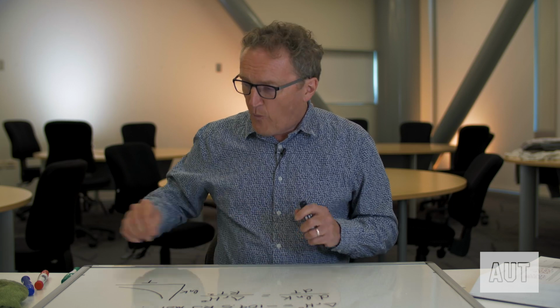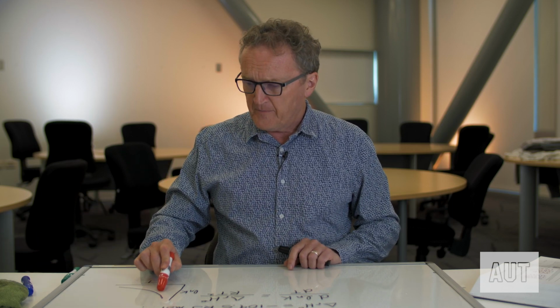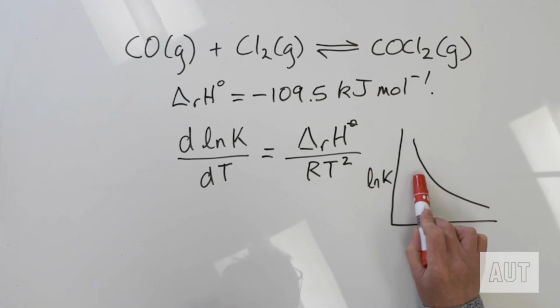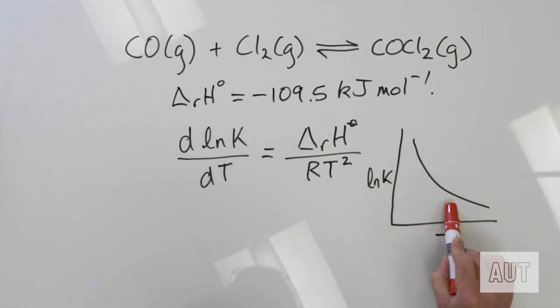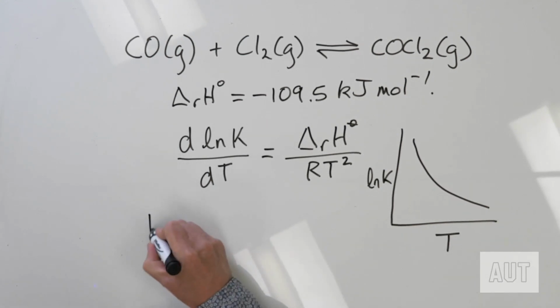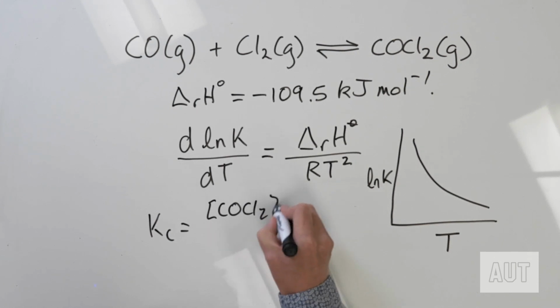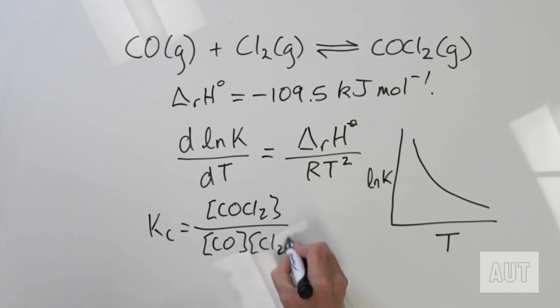Okay? So what does that mean? Well, it means as we increase the temperature, the value of log K, and hence the value of K, decreases. Okay? So what does that then mean? Well, we write our K expression, Kc is phosgene concentration over carbon monoxide times Cl2.